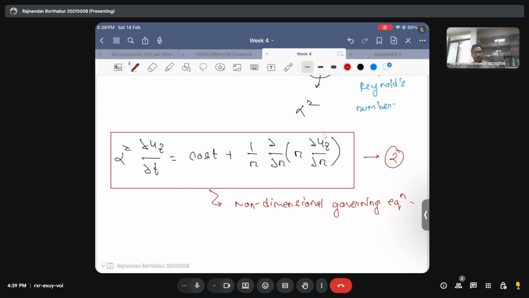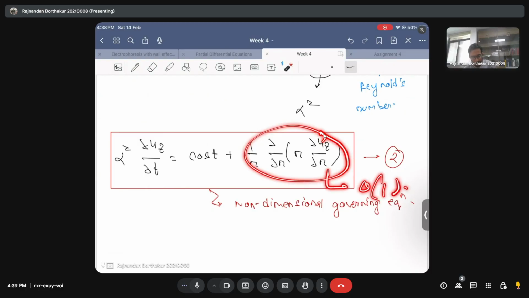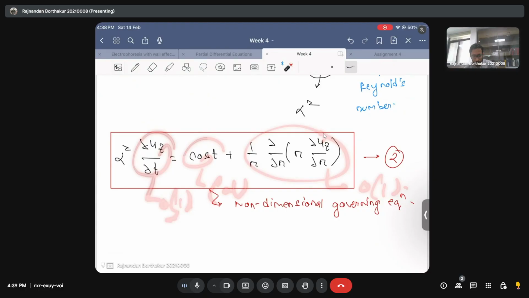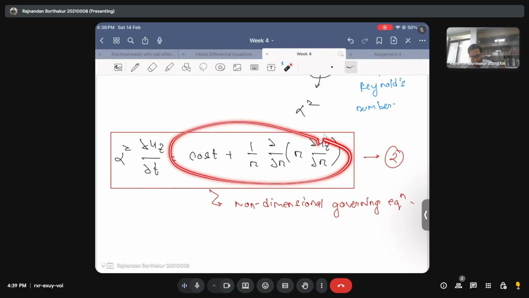Now there is one more advantage of doing things non-dimensionally. Because this is just a non-dimensional quantity, I know that this is just order 1, this quantity is also going to be order 1, and this quantity is also going to be order 1. That means the velocity profile that I will get non-dimensionally is just going to be order 1.